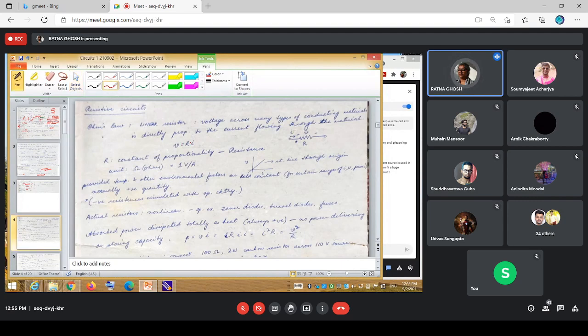Because V is proportional to I, as long as this proportionality holds, the proportionality constant is known as R. R is the constant of proportionality, the property of the element, which is the resistance. Units are ohms, as you're aware, and that is nothing but volts per amp, 1 volt per amp.